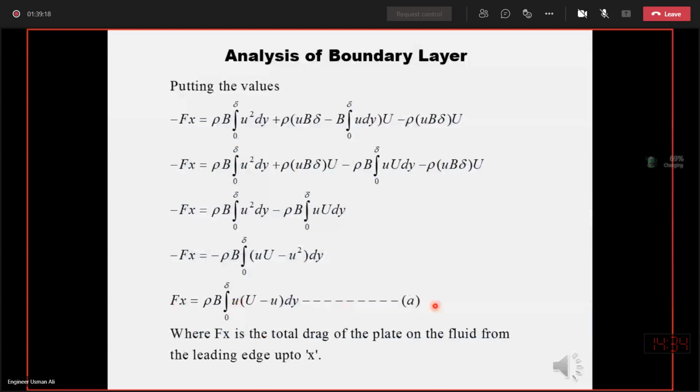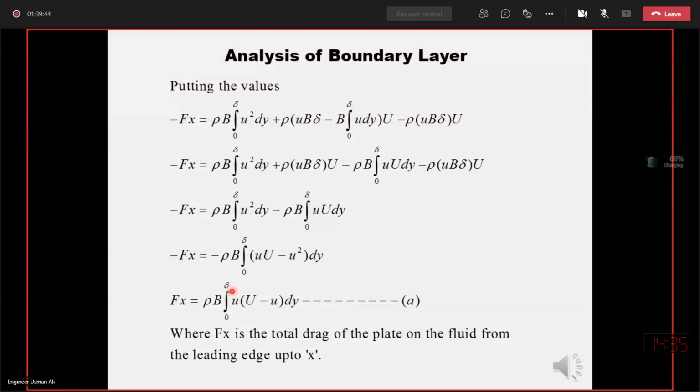That is the frictional drag along distance x along the x-axis. Fx is the total drag, or the total friction drag of the plate on the fluid from the leading edge up to distance x. So this is rho b integral 0 to del u into (U minus u) into dy.